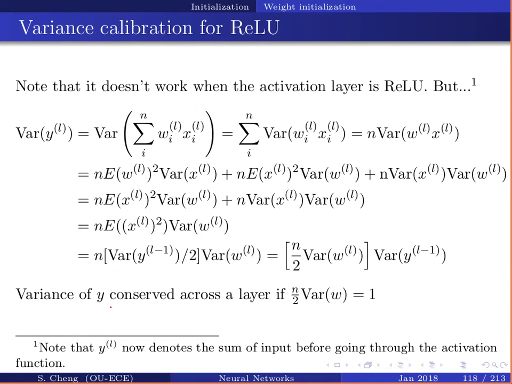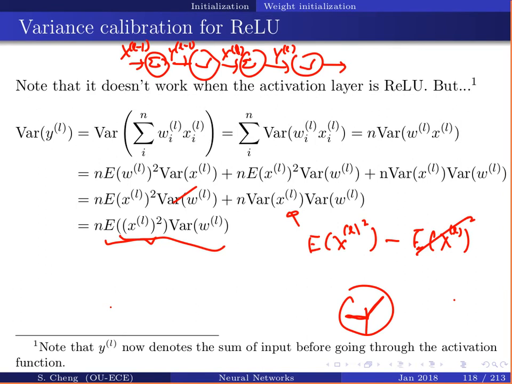I am thinking this is a jump of a step. The variance of YL is equal to the expectation of YL squared. Why is that? Is that correct or not?